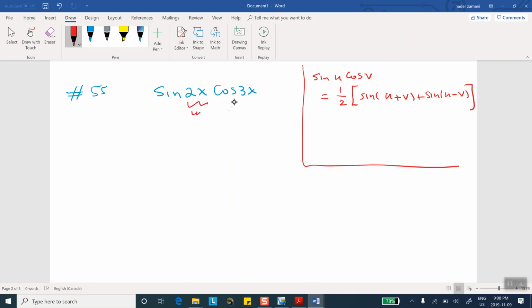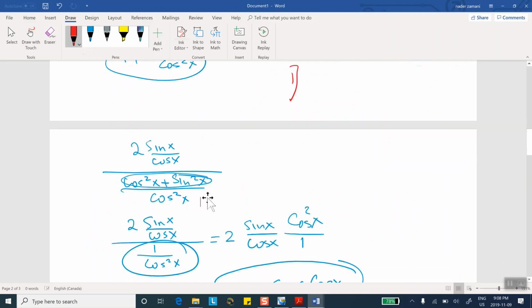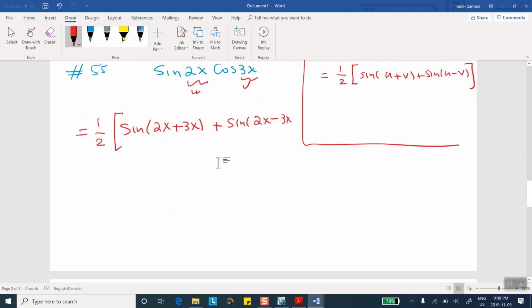This is my u, this is my v, so that is equal to 1/2 sine of the u plus v, so 2x plus 3x, plus sine of 2x minus 3x.